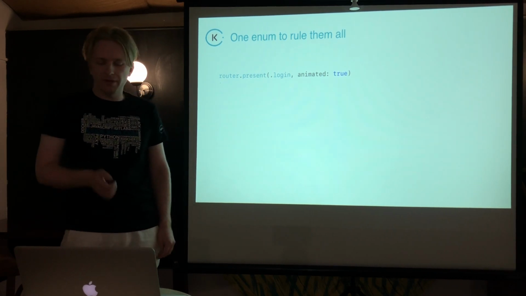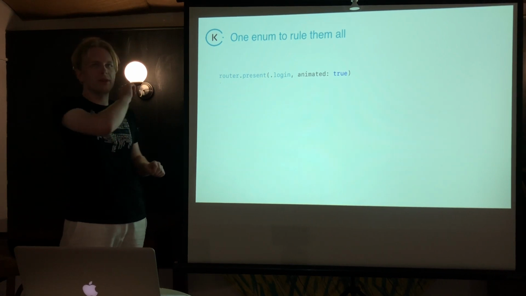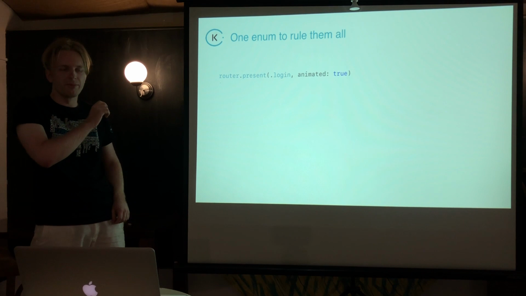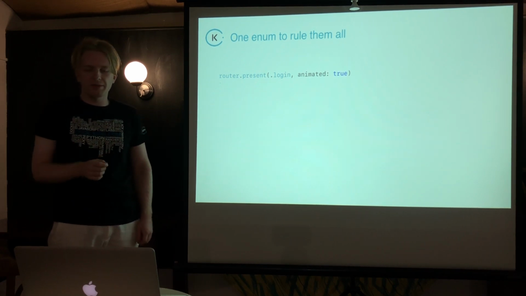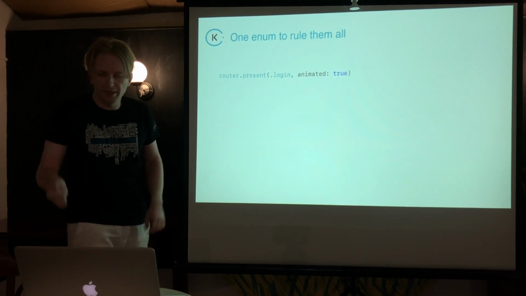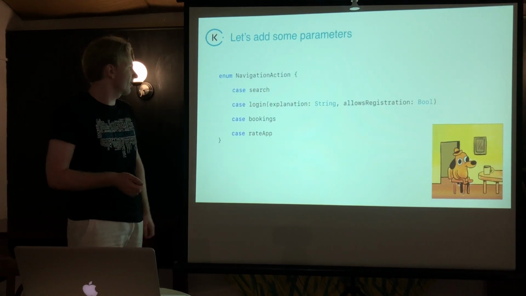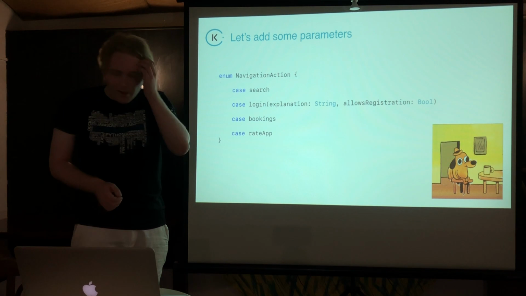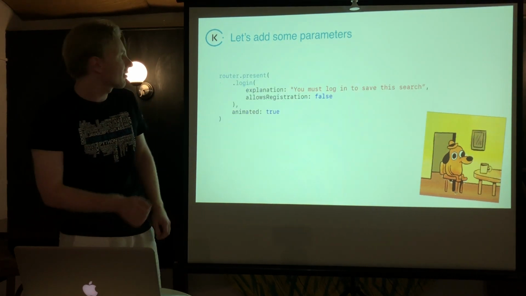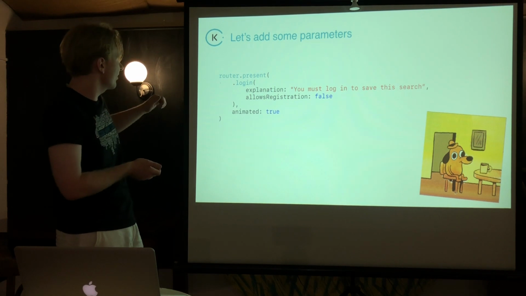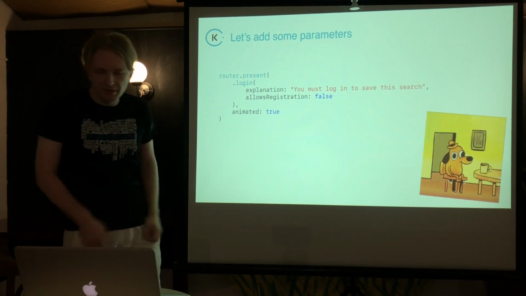Before, I showed you those two lines where the coordinator had the explanation field and if registration was allowed. We needed to put that somewhere in here. So I guess we'll use associated values on these enums. And then the presentation looks a bit longer than before, but it's still kind of clear, so sure.